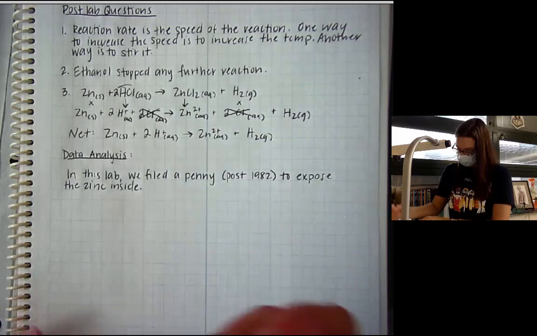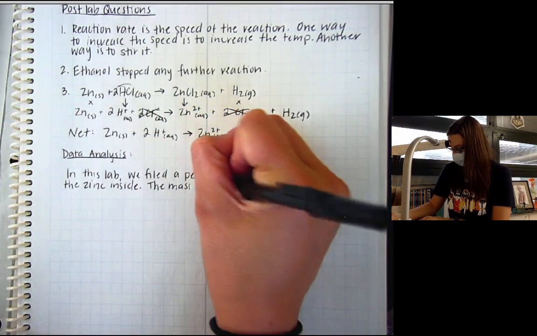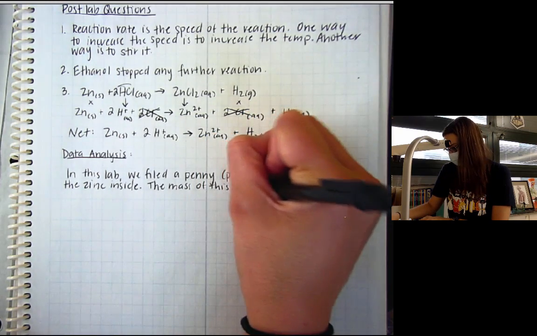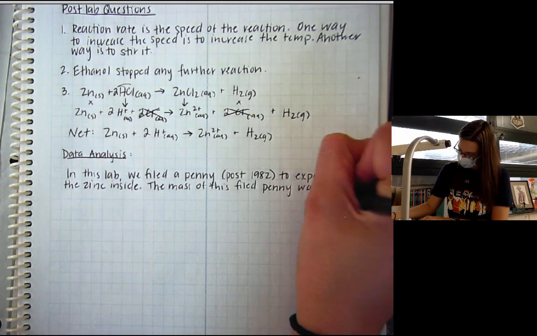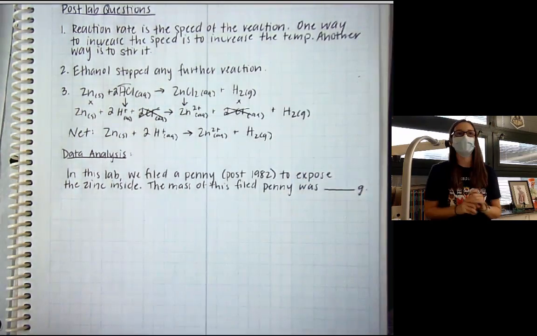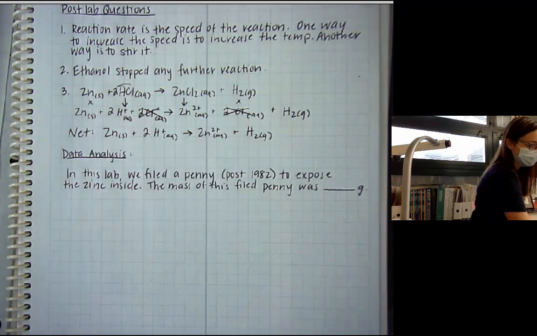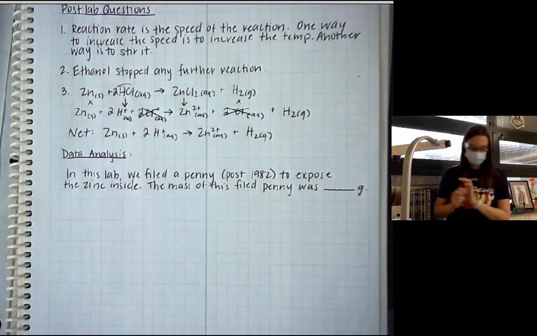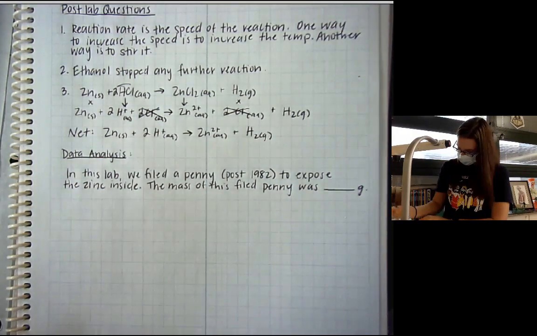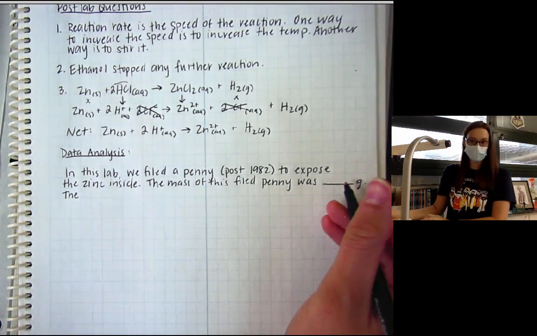They filed the penny, and we'll say the mass of this filed penny was blank grams. So fill in what the mass of your filed penny was. So look back in your data and observations. Right, so that's the mass of your filed penny that's going to go there.